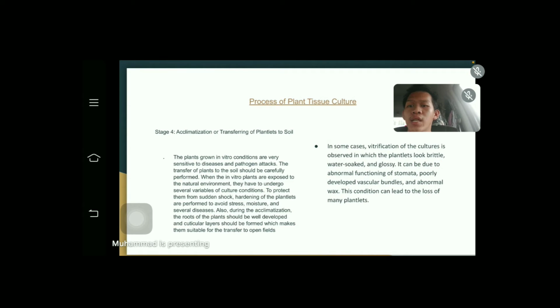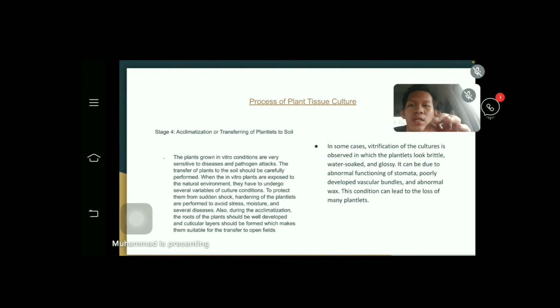Also, during the acclimatization, the roots of the plant should be well developed and a cuticular layer should be formed, which makes them suitable for the transfer to open field.